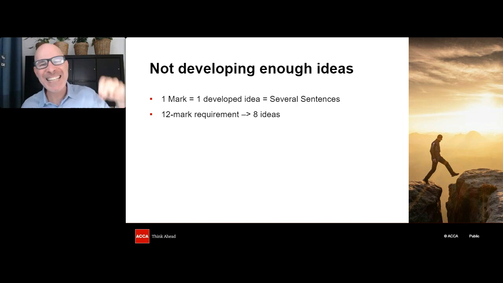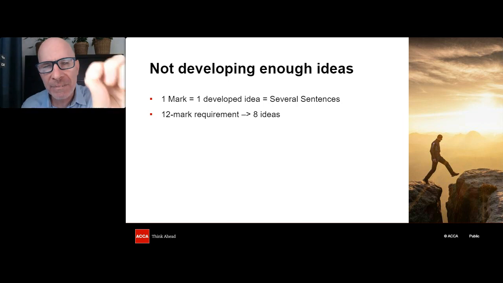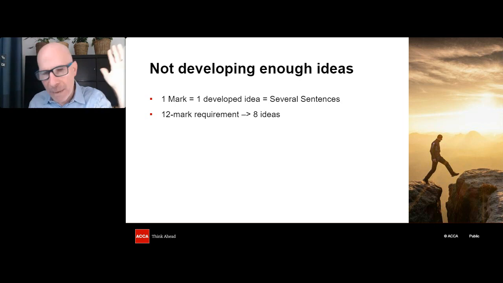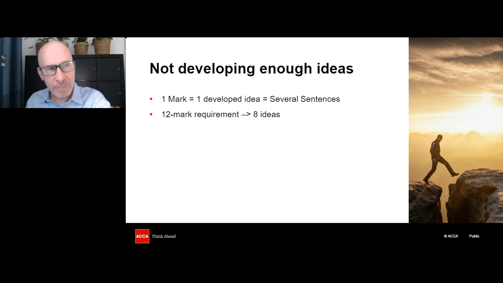Now you are at 6. If you gave the marking team 6 ideas, you would get a pass. But that's too risky, because maybe the marking team doesn't like all of our ideas. So add a little buffer. For a 12-mark requirement, I would shoot for 8, maybe 9 ideas. One more thing.